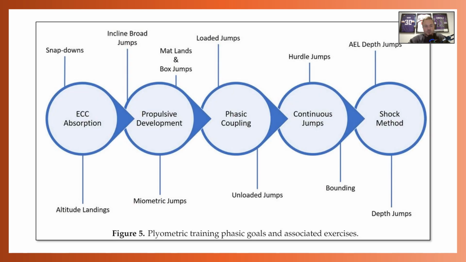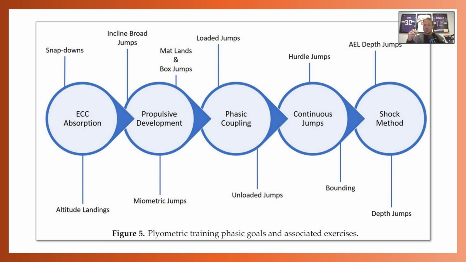Here are some examples for plyometric training from beginner to advanced levels. If you don't know what a snap down is, a snap down is simply starting, going up on your toes, and then snapping down into a squat, where you get a little bit of feet off the ground, and then you land and you absorb that rapid descent of your body quickly.